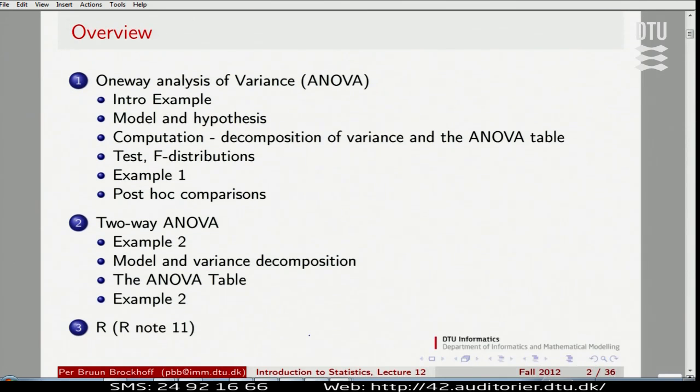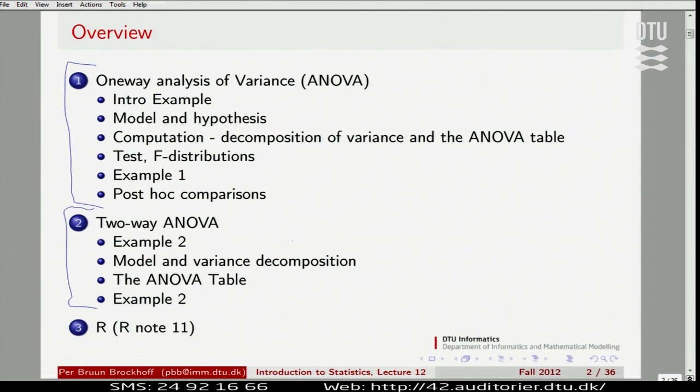Here's the plan for today. We have two versions of it, the one-way version and the two-way version. I spend most of the time on the one-way version, and then we generalize it to the two-way. There are courses out there that will take you to 3, 4 and higher order ways, but not in this course.